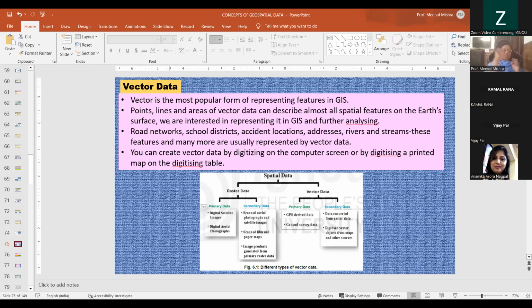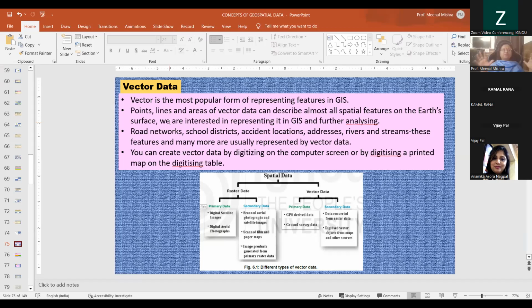So when you have to tell the location of, say, a school or a college, you can give a point. But one thing I will repeat: it depends on the scale of the map. If your map scale is very small, like in the case of India, you will represent that college, school, or university in the form of a dot.